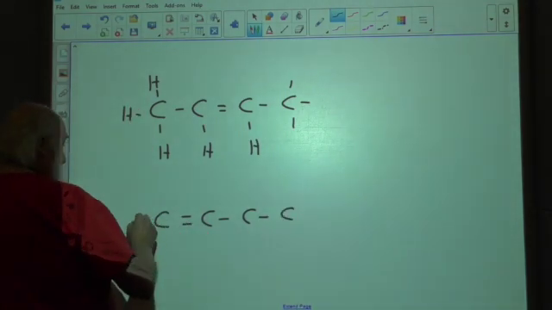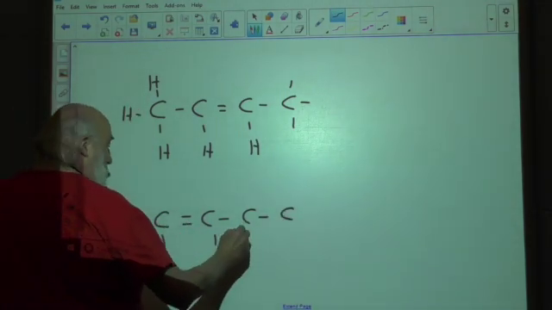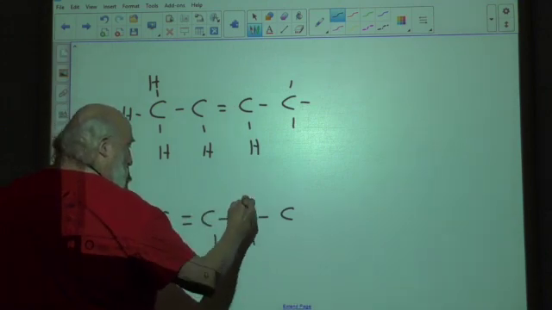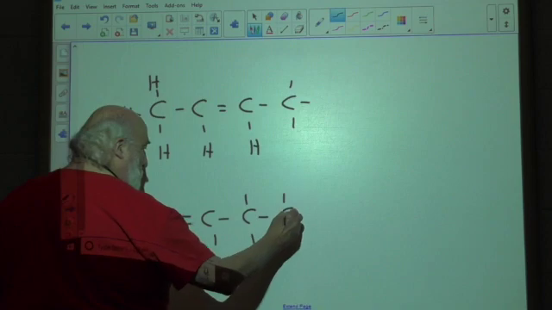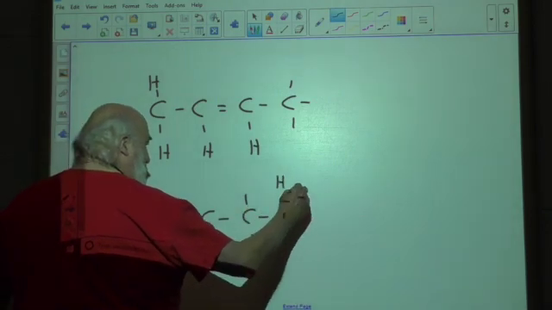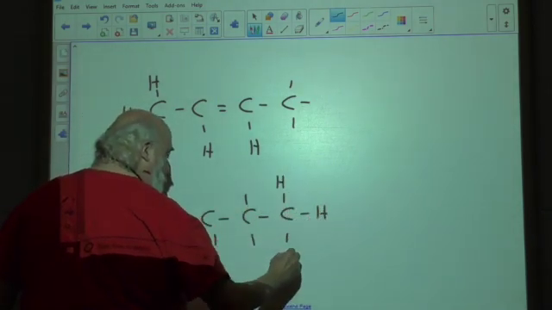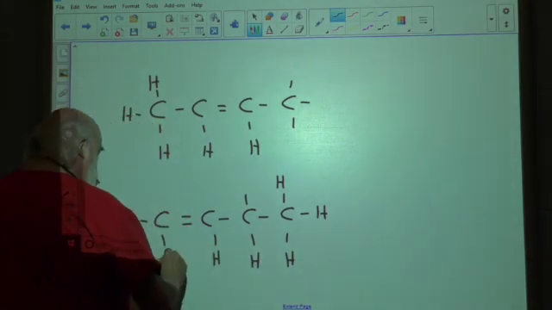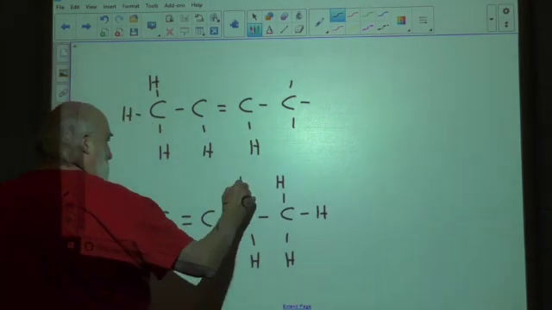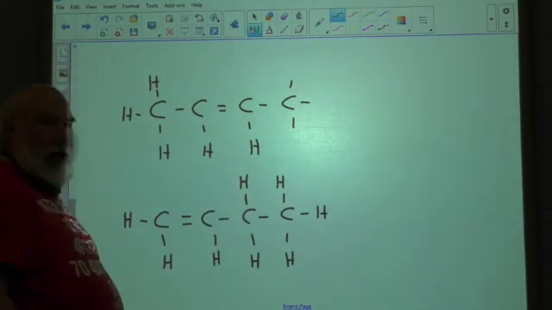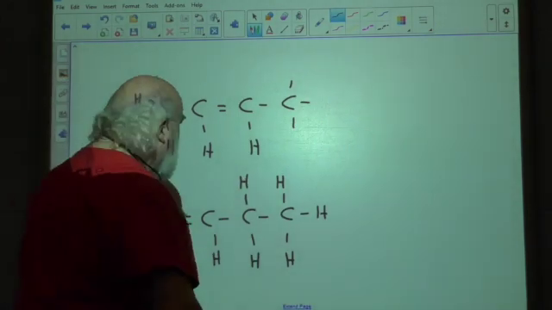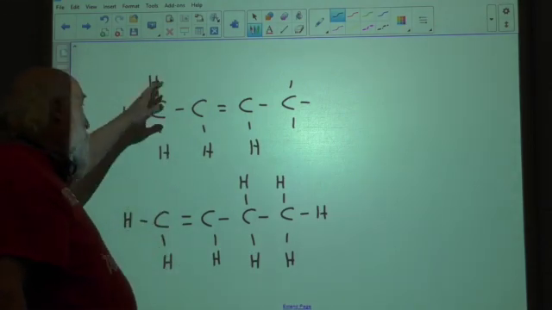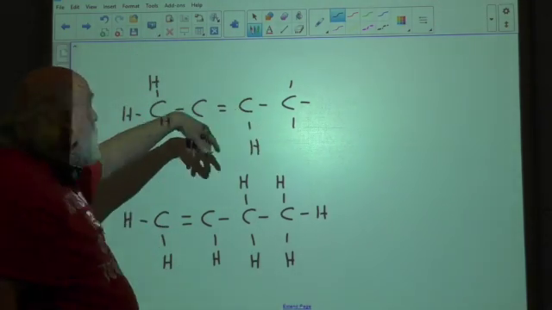And for lines, you have 1, 2, 3, 4 on each carbon. So hydrogens on. Yeah, it's not going to take you too long to hate the letter H. But that's out. Those are all butenes.